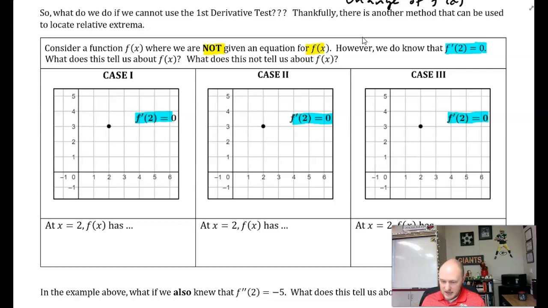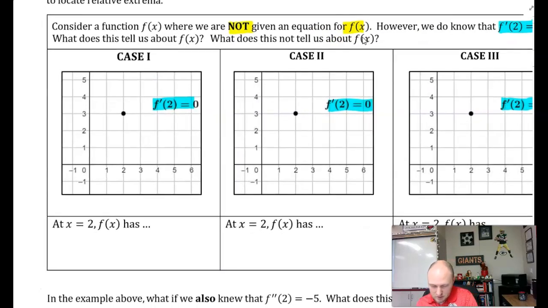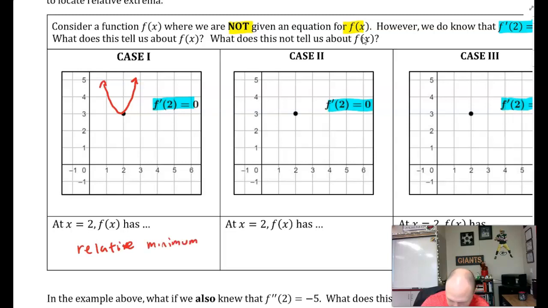So let's look at some certain situations. What if f double prime of x is positive? What if my graph is concave up like this? Well, then that is a relative minimum. What if my function is downward facing?